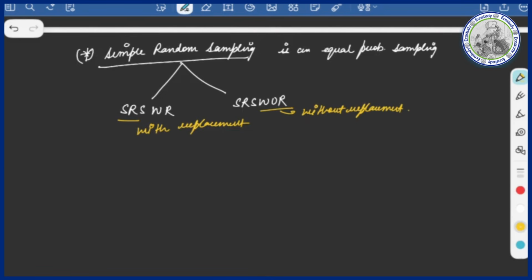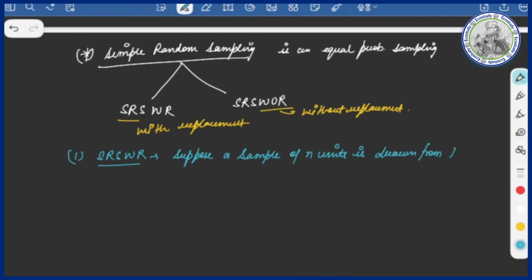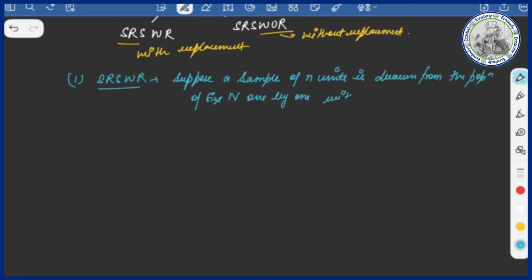What is SRSWR? Suppose a sample of n units is drawn from the population of size N, one by one, with replacement.